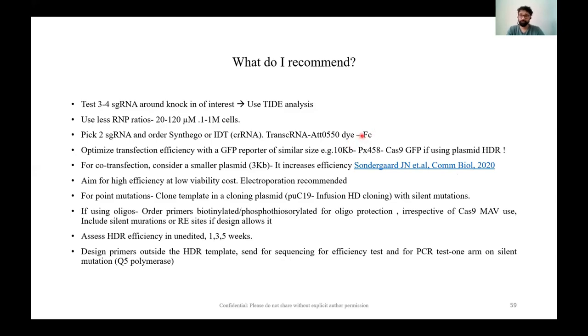With the right flow cytometry technique, you can also assess quantitatively what your transfection efficiency was. Then finally, optimize your transfection efficiency with a GFP reporter or one of similar size, if you plan to use an HDR plasmid, like I did in this setting.